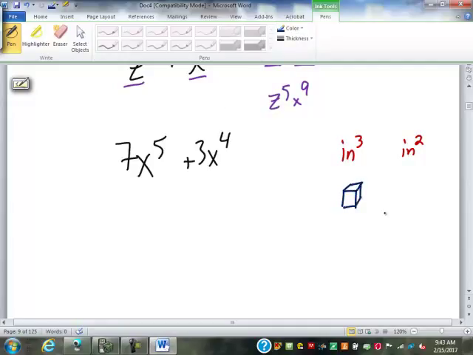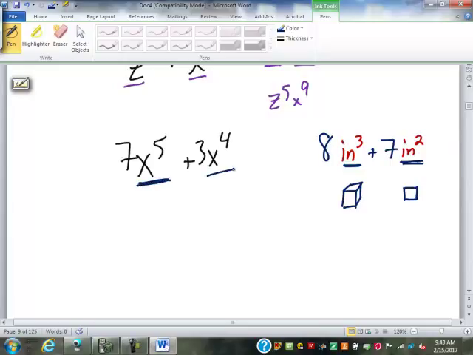It's actually a little box that's 1 inch by 1 inch by 1 inch. A square inch is just a surface, a little square that's 1 inch by 1 inch. So they're not the same. An inch squared is 2-dimensional, an inch cubed is 3-dimensional. So if I had 8 cubic inches plus 7 square inches, I can't combine those because they're different things.